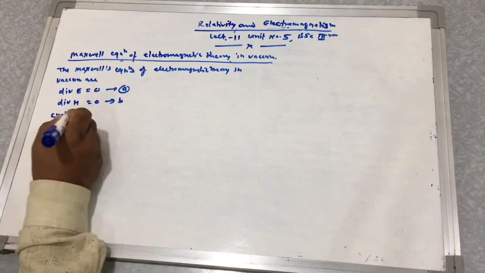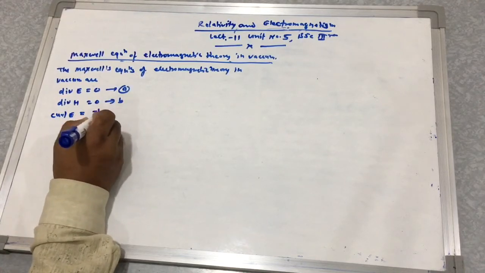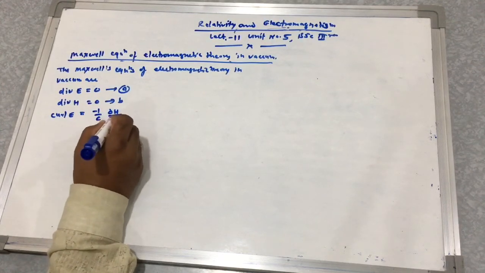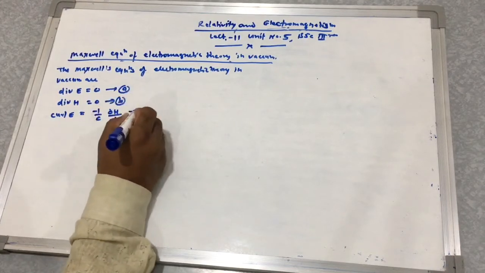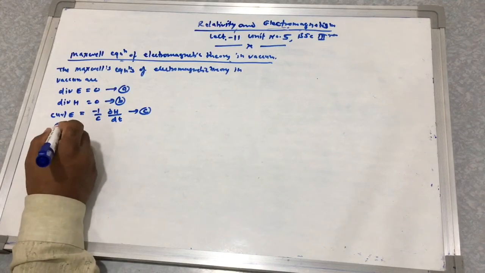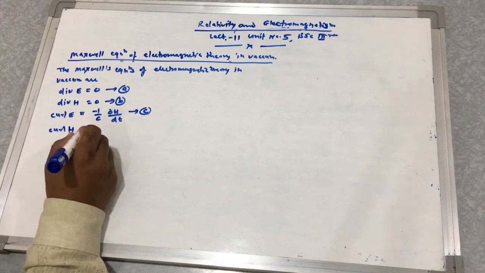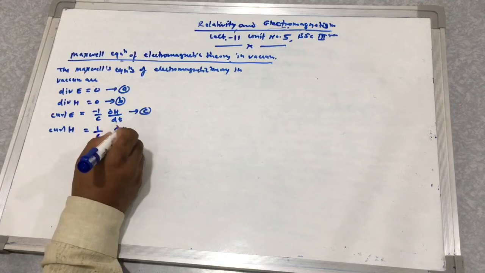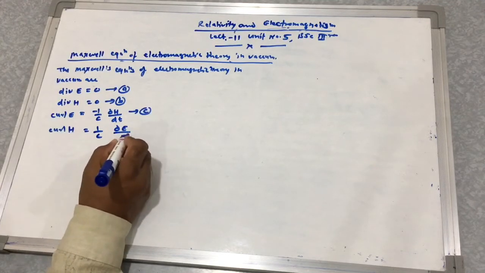Then curl E is equal to -1/c ∂H/∂t. This is C. Then curl H is equal to 1/c ∂E/∂t.